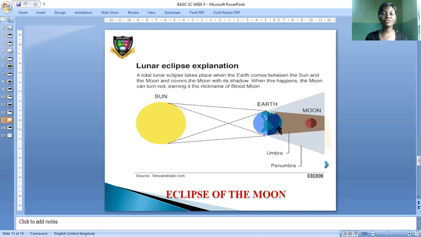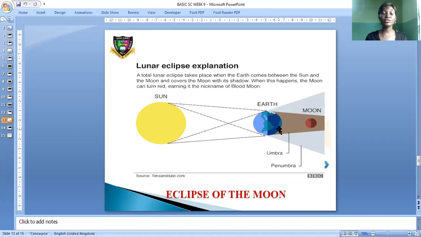And the rotation of the earth causes the formation of day and night. Also, the earth revolves around the sun once in every 365 days, which is equal to 1 year.